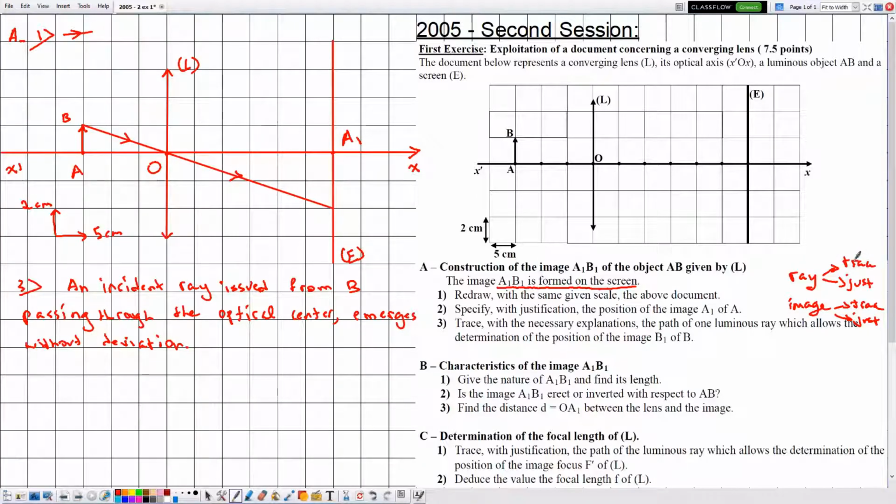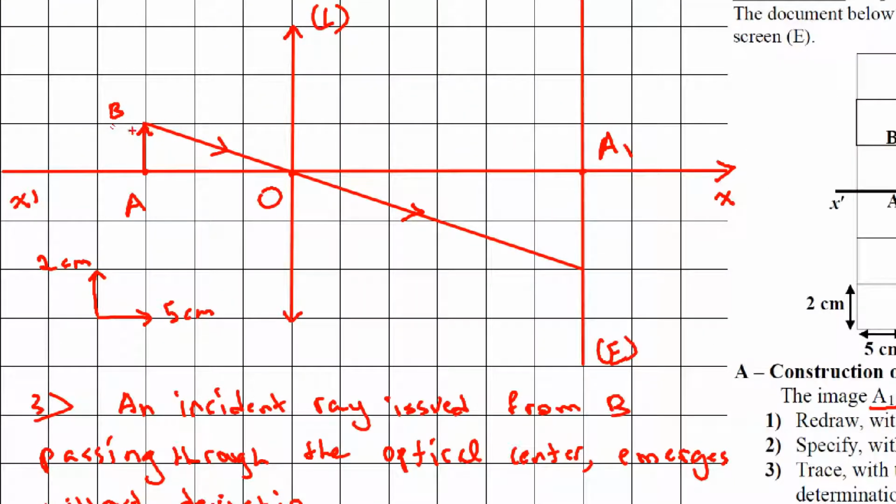Then we have done the tracing of the ray and the justification. Now we need to trace the image and justify it. So because the point B belongs to this incident ray and this emergent ray is coming from this incident ray, then the image B1 of B will belong to this emergent ray, and we already know that the image is being collected on the screen.